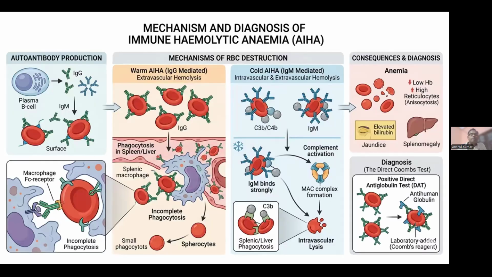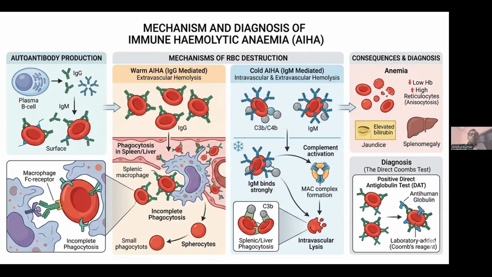First of all, if you see this diagram, you can easily visualize autoantibody production against the red blood cells. Autoantibodies are antibodies which are produced against the host's own cells.